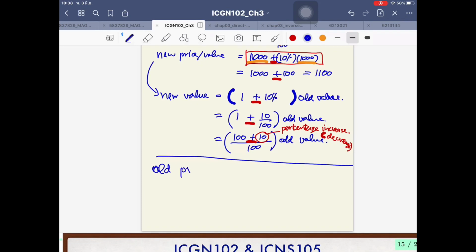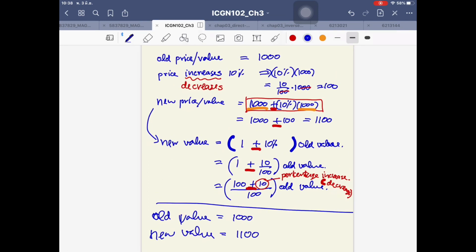If we start from a problem like this, where we know that the old price or old value is 1,000 and the new value or new price is 1,100, how about if we want to know the percentage change from the old value to the new value? How can we calculate it? From the previous example, we know that the percentage change needs to be 10%, right?